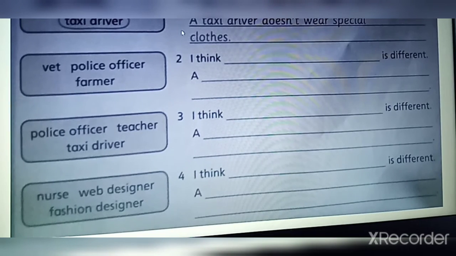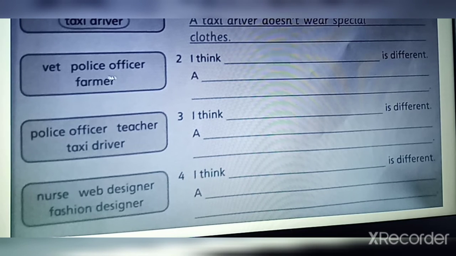circle the different job and then write your answer in the space given. For example, in number 1, I think taxi driver is different. A taxi driver doesn't wear special clothes. So on the next line, you are going to explain why a taxi driver is different. The jobs are provided already. You just need to choose between astronaut, firefighter, taxi driver.